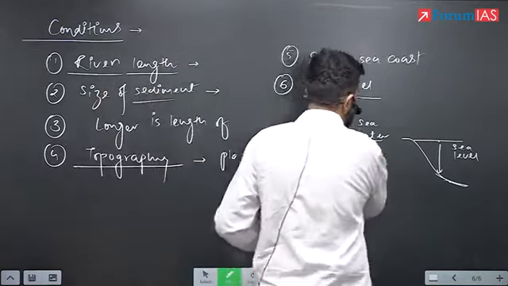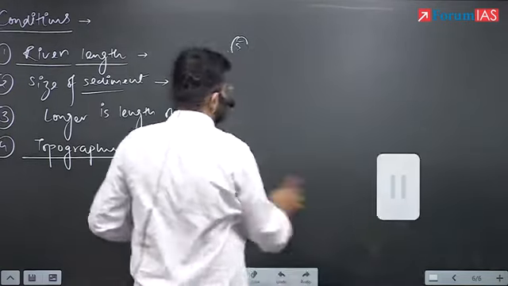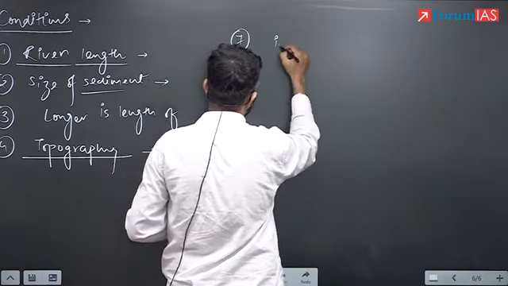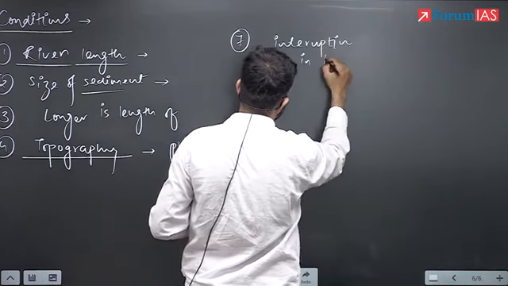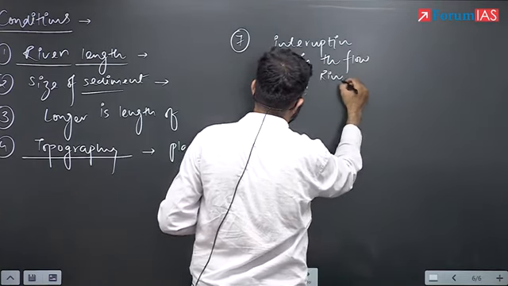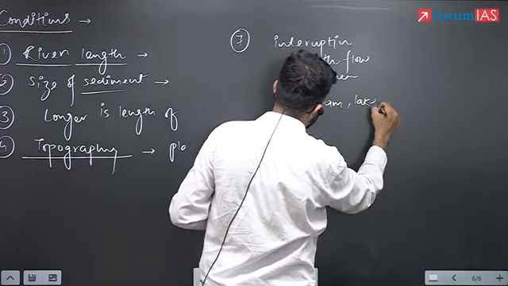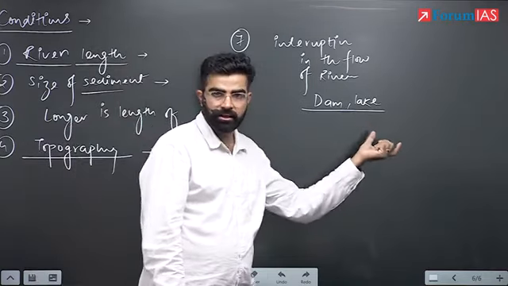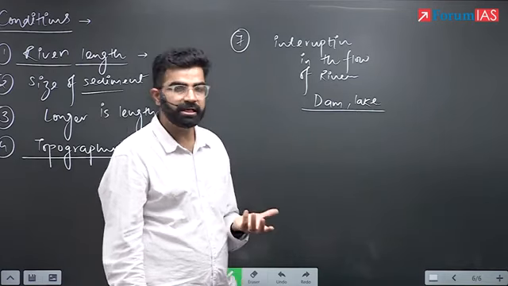Next factor is we should not have any interruption in the flow of river. For example, there should be no dam or lake in the flow of river. Otherwise, what will happen? In this dam or in this lake, much of the sediment load will be dropped, and therefore delta formation will become very difficult.